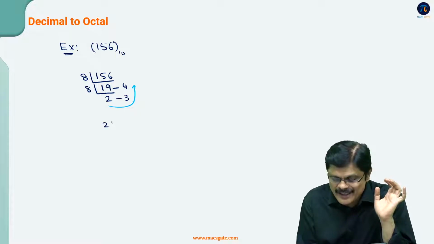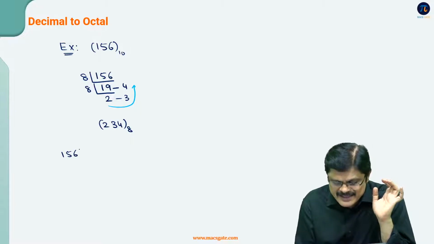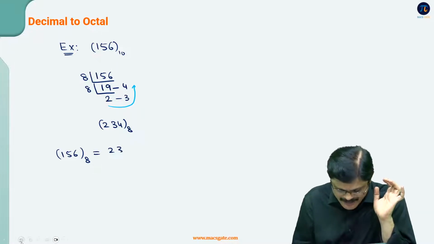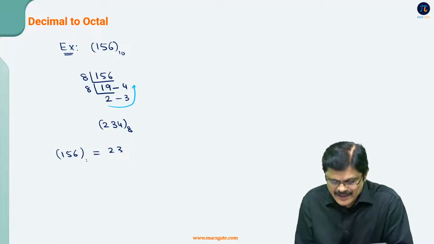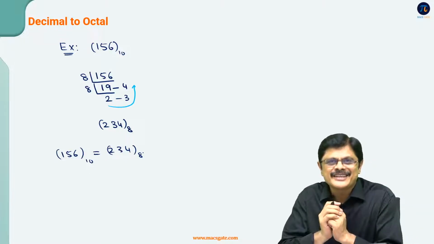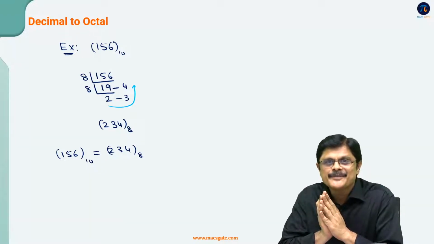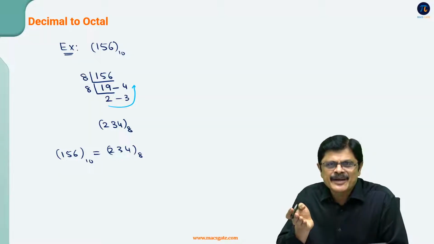You can write it as 156 in base 10 is equivalent to 234 in base 8. Hope you understand. You can take different examples, my dear friends, and convince yourself.